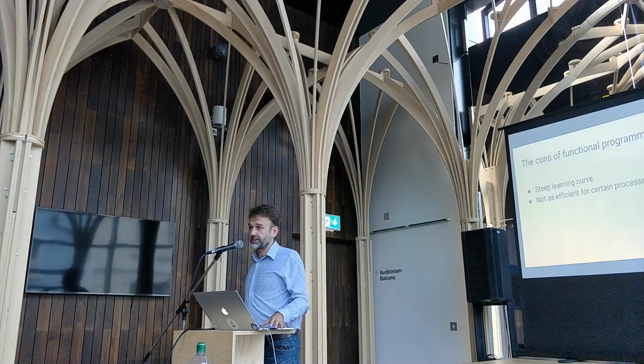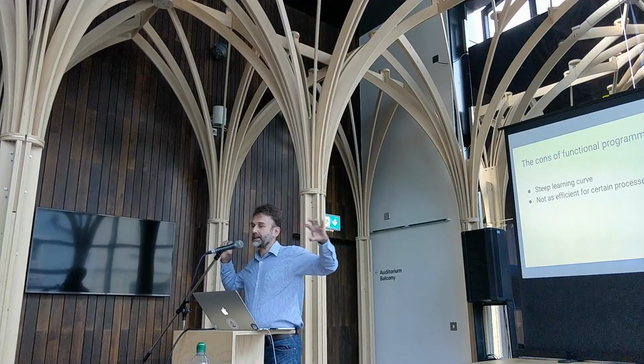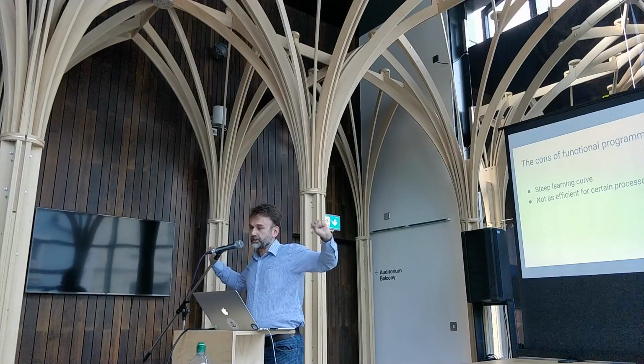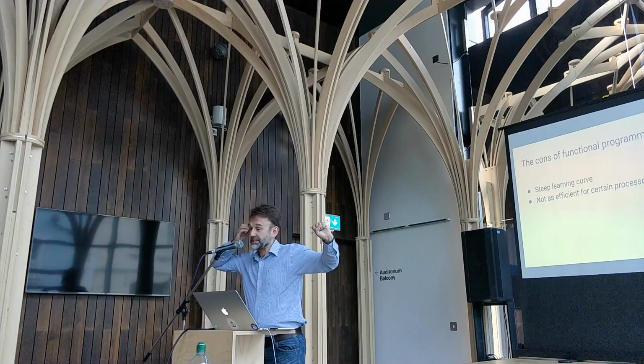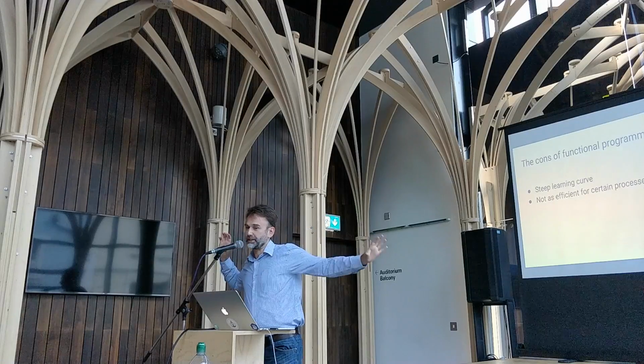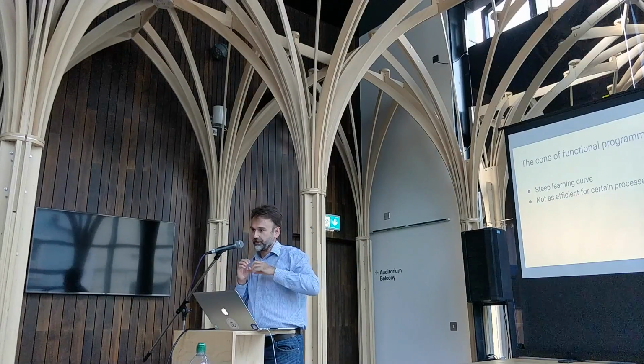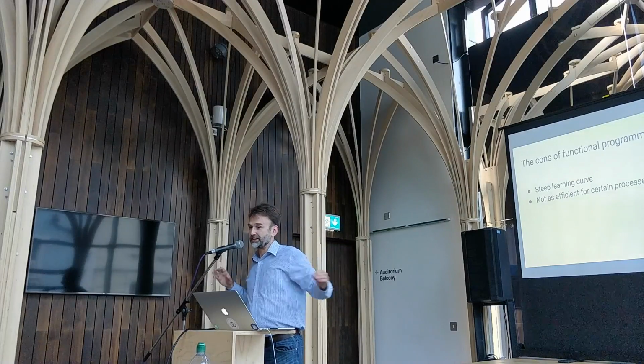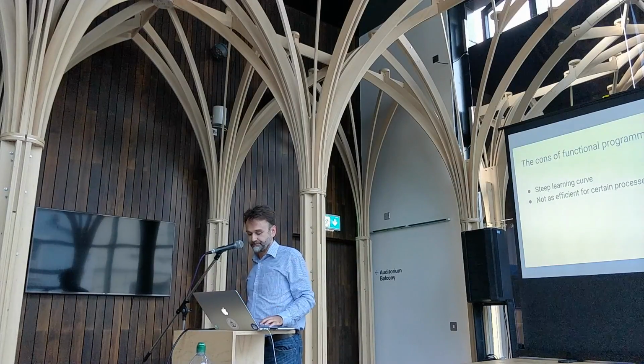And so for certain things, dealing with big data, it's not very good. So if you've got a big list of numbers, then as we'll learn, you can't just change the numbers. You have to copy the whole list with the new numbers that you want them to be. So if your list is very long, then that's going to take a lot of time.